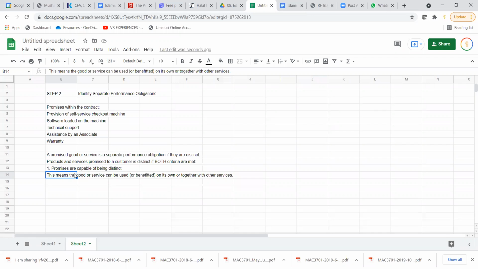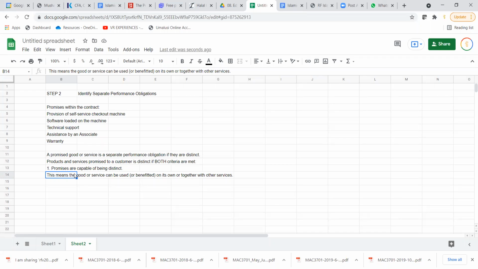If I go buy a cell phone at Vodacom, there's no need for me to take out a contract with minutes, data, and SMSs. I can simply buy the phone, because the phone on its own can be used. I can benefit from the phone without any other services.